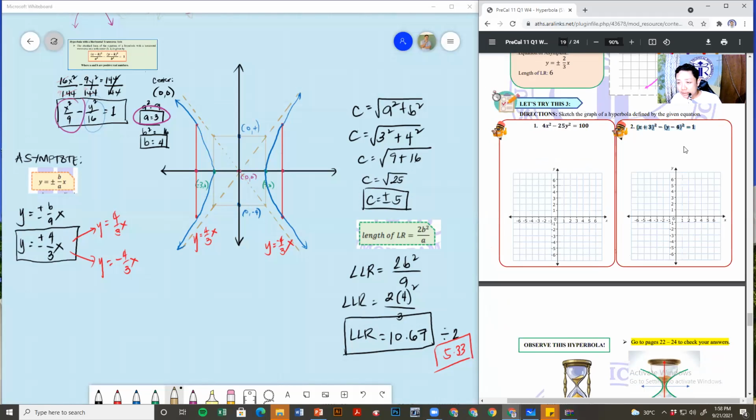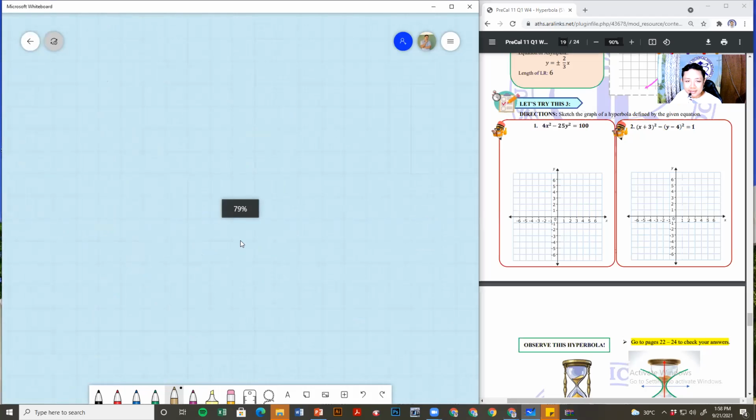It will lead us to a HK value. Okay, let's do this. Okay, parang gusto kong pagsamahin si 1 at saka si 2. Ready? Okay, pagsasamahin ko ang dalawang ito.